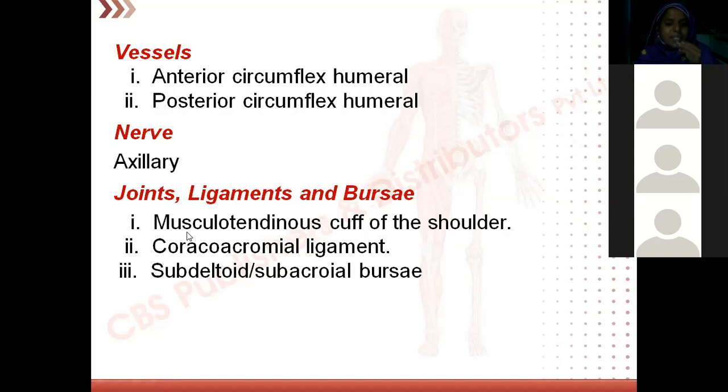This point will be repeated when we do the shoulder joint. So musculotendinous cuff is nothing but the flattened tendons of the SITS muscles before they get inserted into greater tubercle and lesser tubercle. Okay, coracoacromial ligament we will study when we do the shoulder joint.